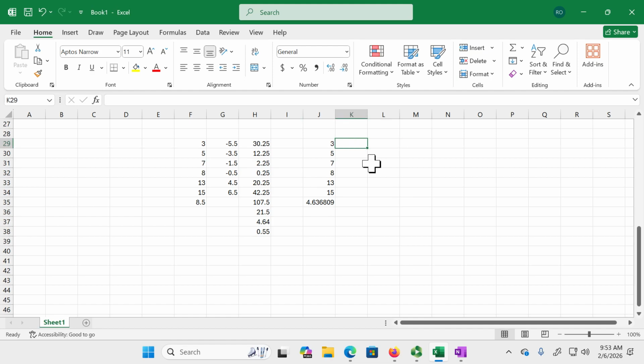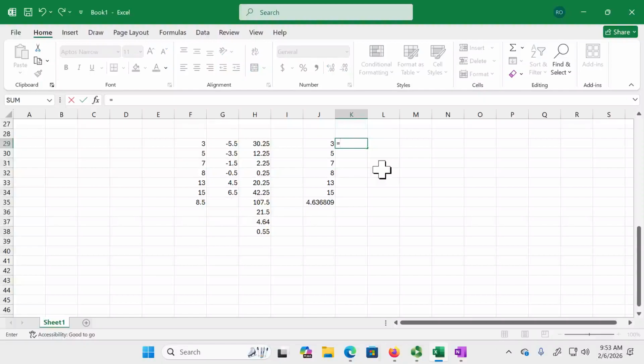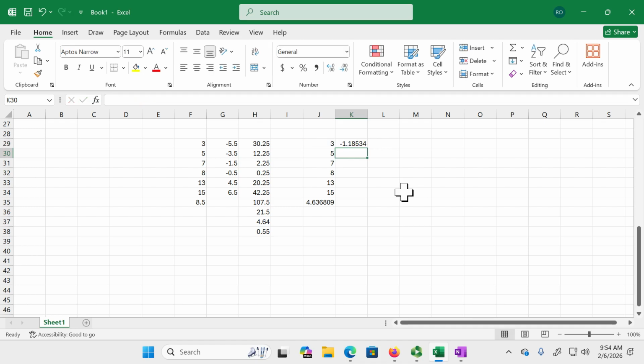And for this, z equals 3 minus 8.5 divided by 4.64. And there's the z-score for the 3.